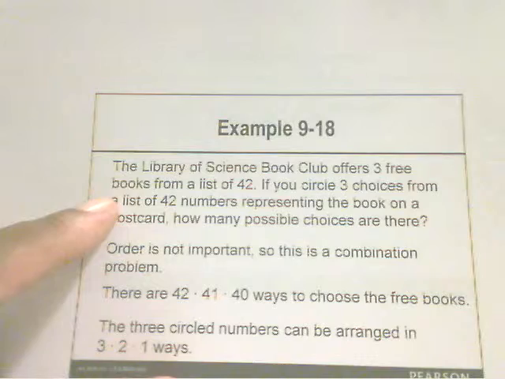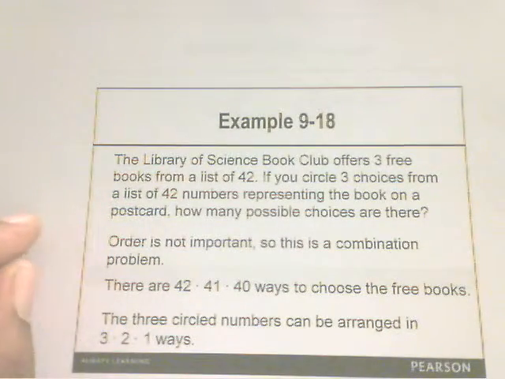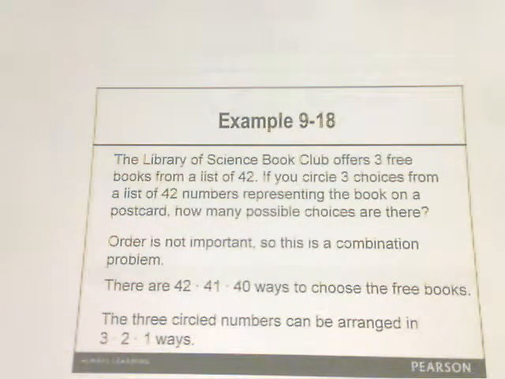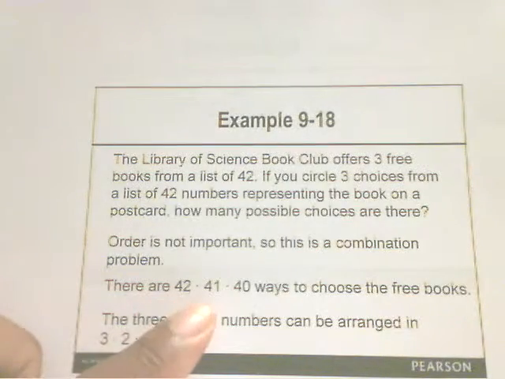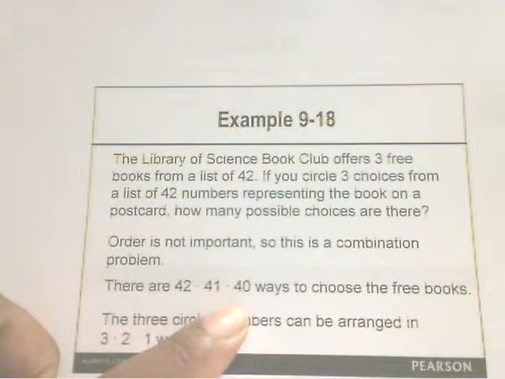Now we're going to look at how this formula can be used in some of these examples, like example 9-18. The Library of Science Book Club offers three free books from a list of 42. If you circle 3 choices from a list of 42 numbers representing the books on a postcard, how many possible choices are there? In this case, order is not going to be important, so you have a combination problem, which means you have 42 times 41 times 40.